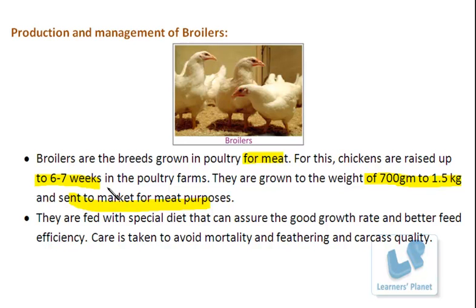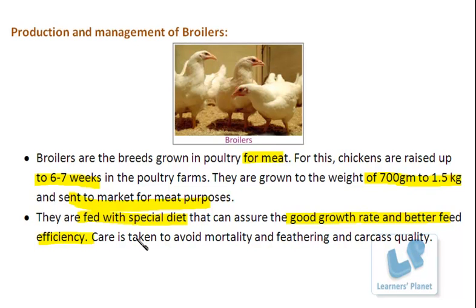Now considering this point, of course the diet is to be maintained. These organisms should be fed with a special diet which can assure good growth rate and better feed efficiency. In such organisms, special care is taken to avoid mortality and to ensure feathering and carcass quality.